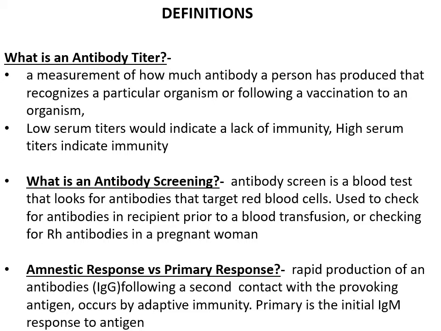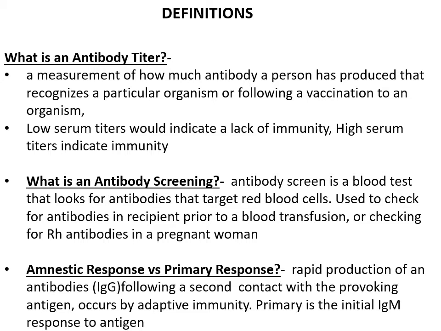So we can actually do an antibody screen to see if the pregnant woman has Rh antibodies in her bloodstream that may damage and destroy the fetal red blood cells upon delivery or during labor. Okay, so that's an antibody screen. If you didn't understand the Rh factor part, we can discuss it at a tutorial, or I will bring it up again because it's going to be repeated on another slide.